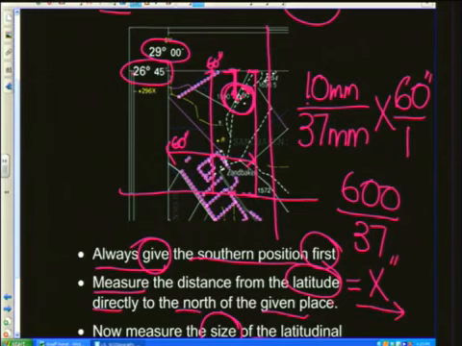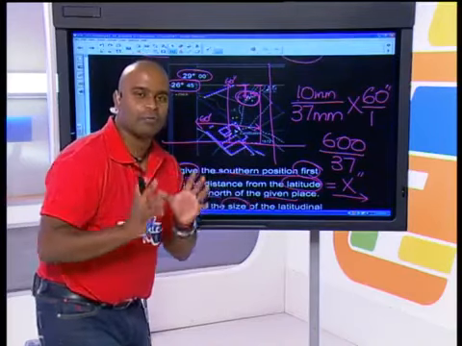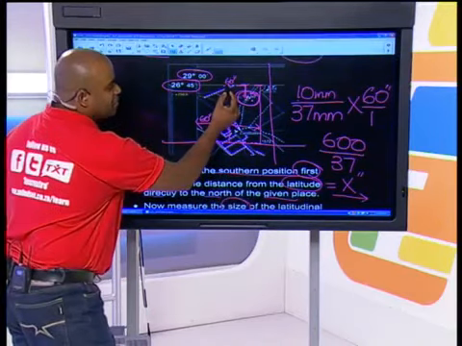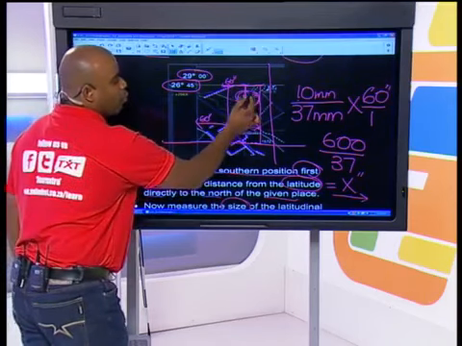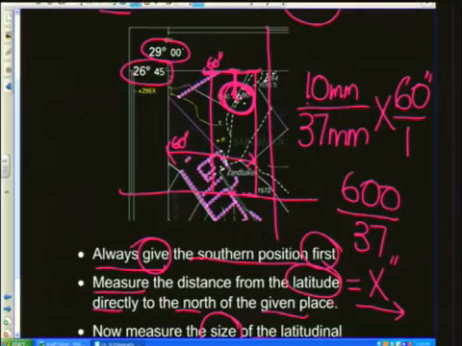Now note the following. I want to spend more time on the calculation. What have we done? We have taken the distance from the line of latitude to the point, which in this example is trig beacon 97. The distance between the line, which is 26 degrees and 45 minutes, and the point is roughly 10 millimeters.